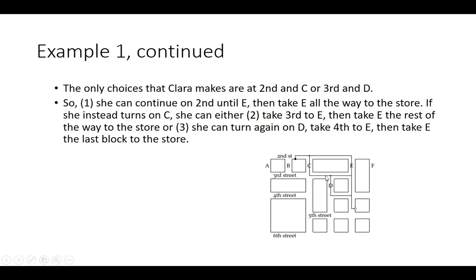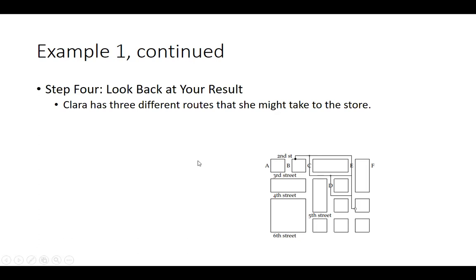Or she can turn again on D, again on 4th, then turn on to E to take the last block to the store. So there are 1, 2, 3 different direct routes to the store. And that's looking back at our result.